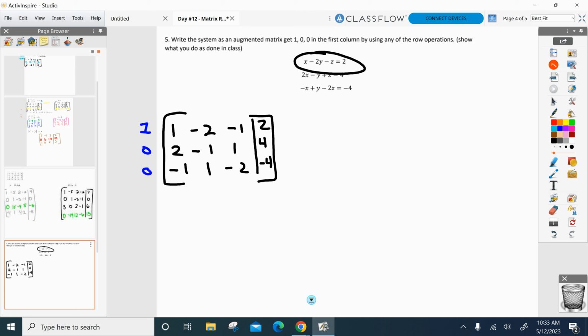And the last thing you're allowed to do, take a row, multiply it by a number, and add it to another row. Basically, everything I've asked you to do today. Multiply by a number that's not 0, flip-flop a row, or multiply a row by a number and add it to another one. That's what you're allowed to do. Does everyone understand I just can't multiply row 2 by 0 and I'm good? It's not allowed. You cannot multiply by 0.